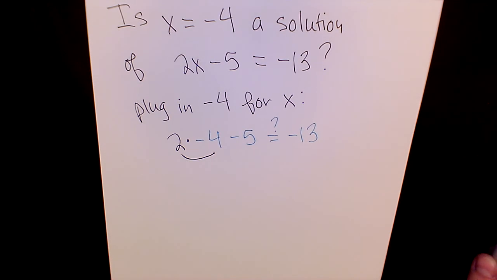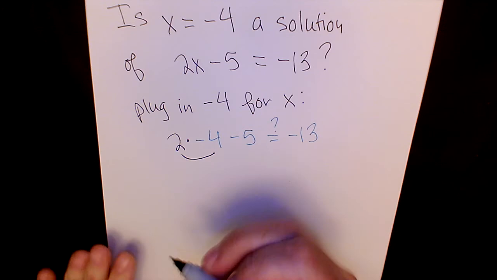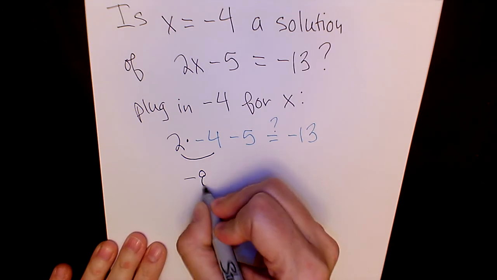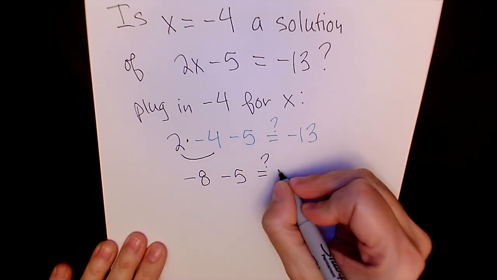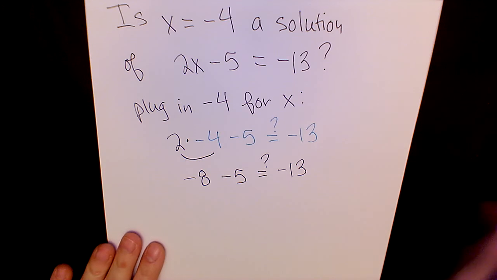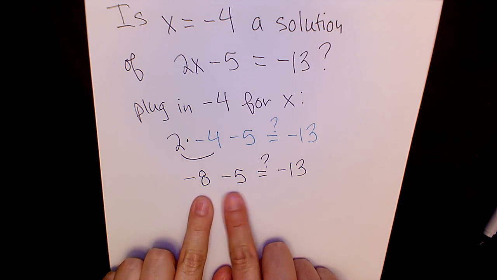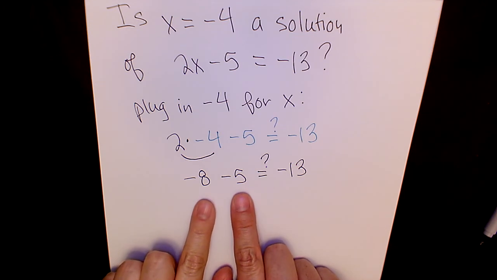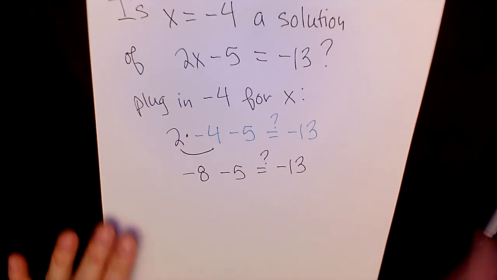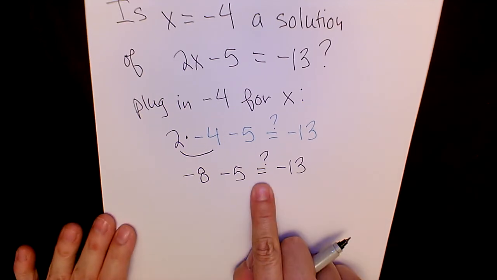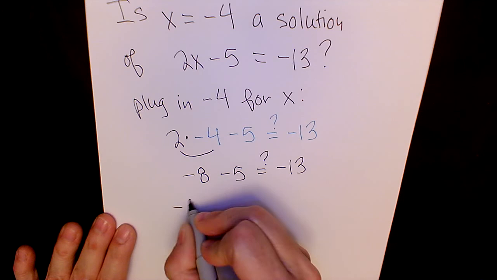And remember, a positive times a negative, we learned that in this chapter, is a -8. Does -5 minus 8, or -5 plus a -8, remember when they're both negative like that, we add them together. Does that come out to be -13?